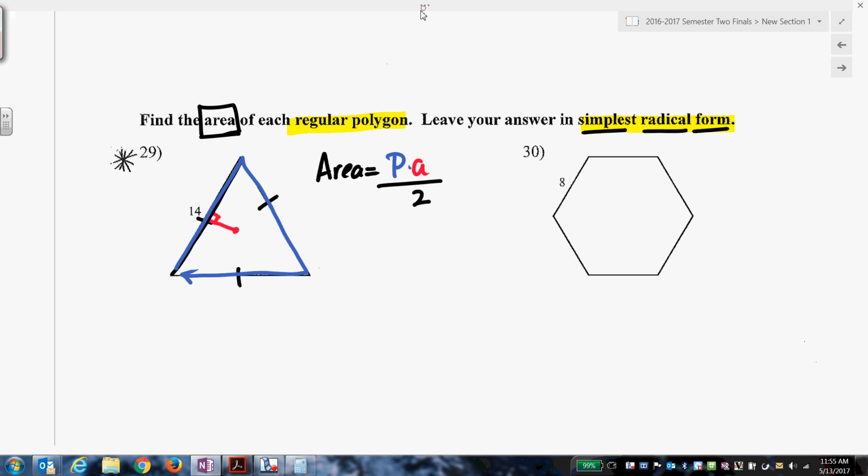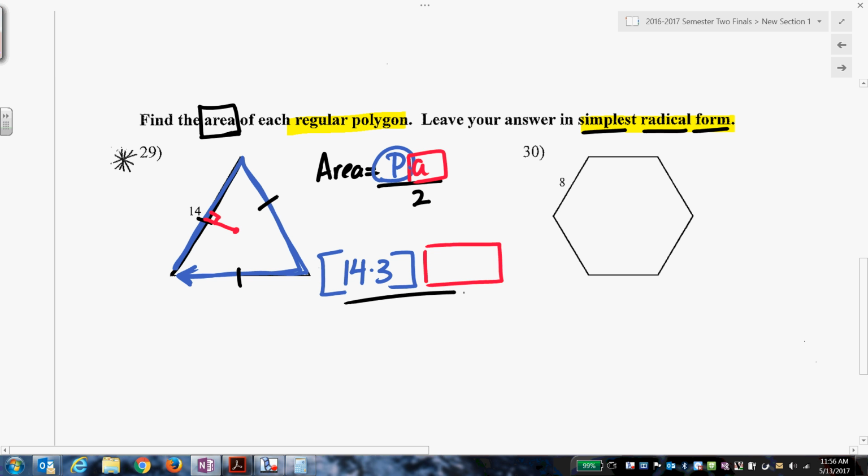We can easily get the perimeter on the left because we have one side and it's 14, 14 plus 14. So we circle that, and our perimeter is simply 14 times 3. Problem is we don't have our apothem. Over 2. So let's take a look and see how we get the apothem.